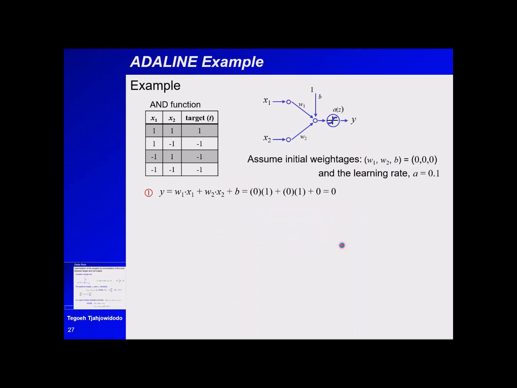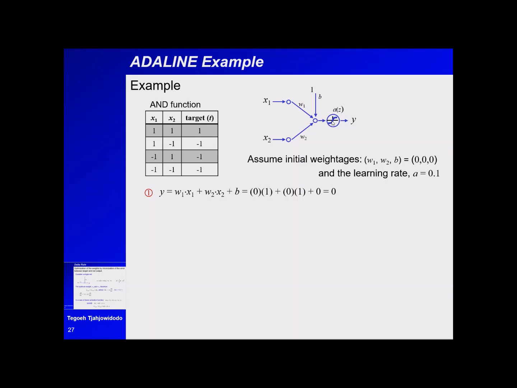Okay, now this is an example of, again, an AND logic function, but I have bipolar input here, so I have 1 and -1. And then I will optimize the weightage here by using the Adaline approach. Obviously, if you have a logic function, the network should have an activation function, because you need to round up the output to be 1 or -1.